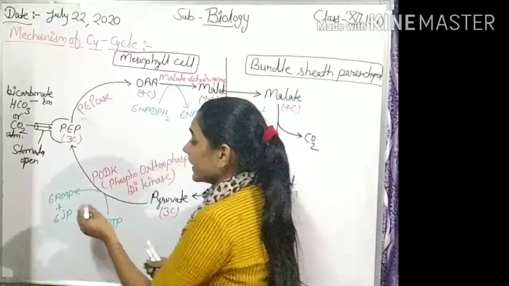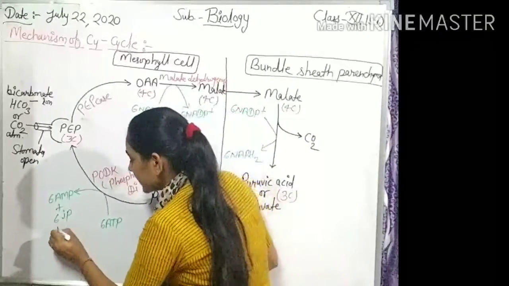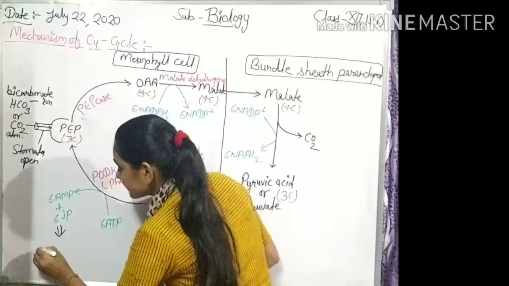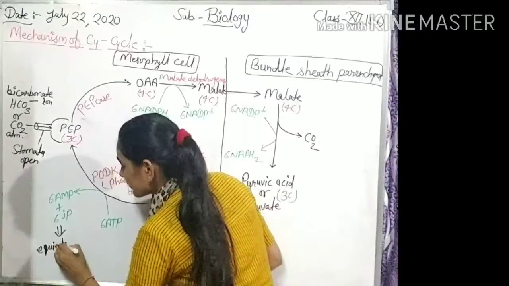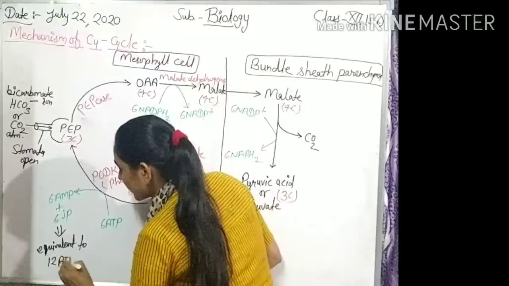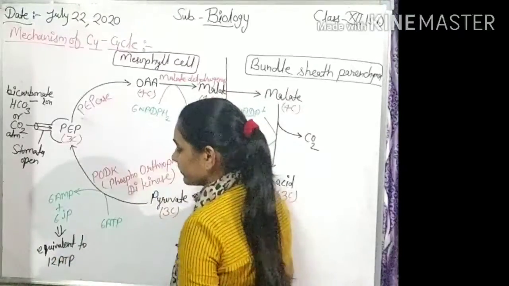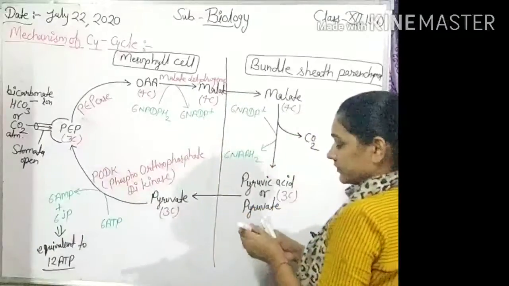Here 6 AMP is equivalent in energy to 12 ATP.